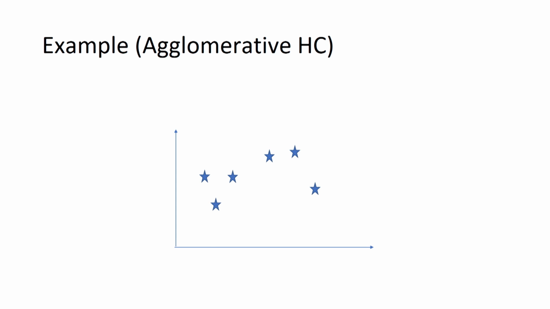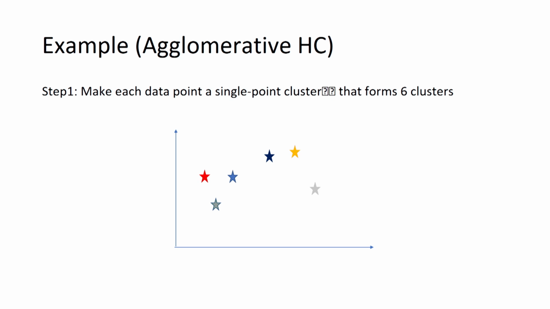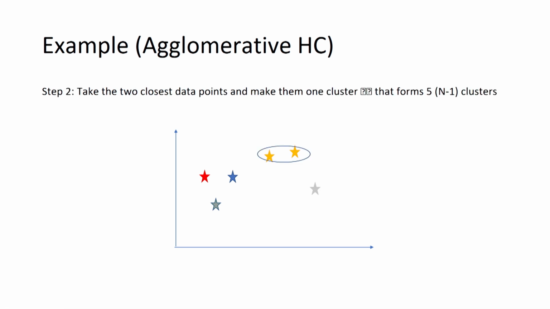Let us see one example here. Suppose these are the data points in the data set. Initially we will treat each data point as a different cluster, then we will find the two closest data points.